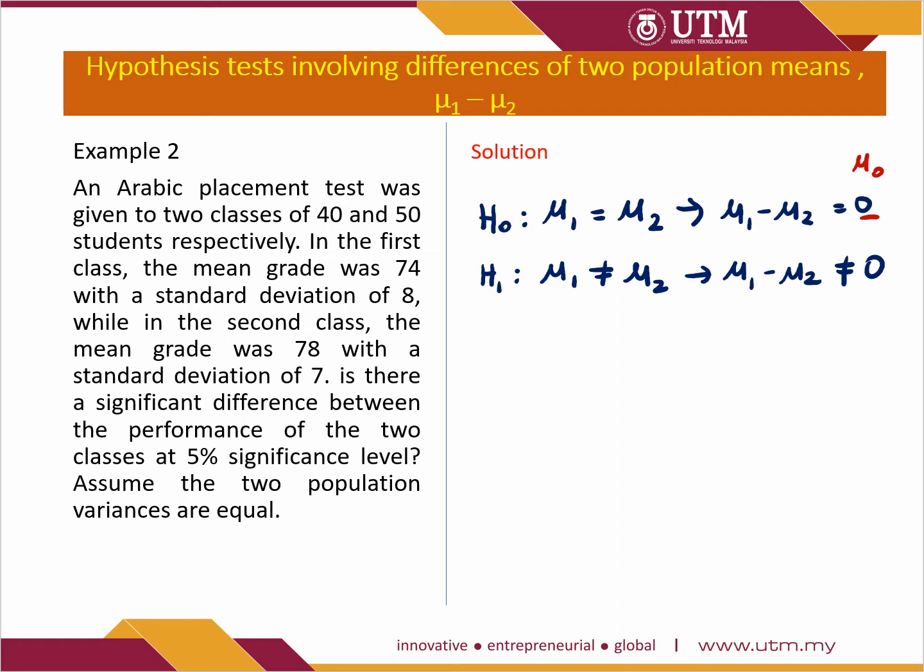Since the population variances are equal, we use the Z-test, where Z equals x bar 1 minus x bar 2 minus mu naught, over Sp times the square root of 1 over n1 plus 1 over n2.